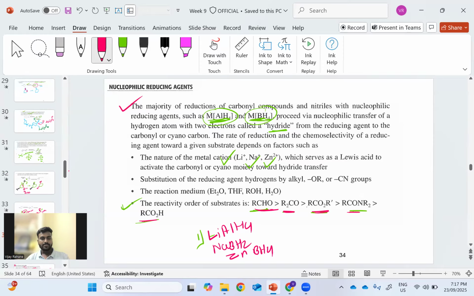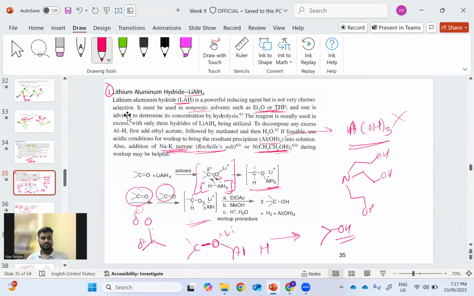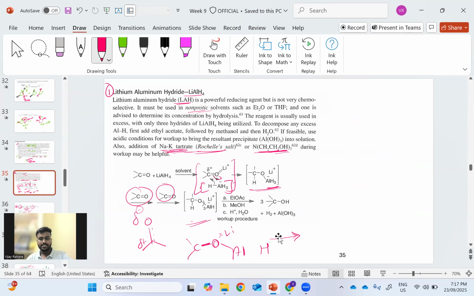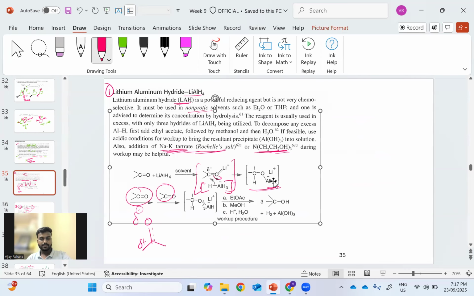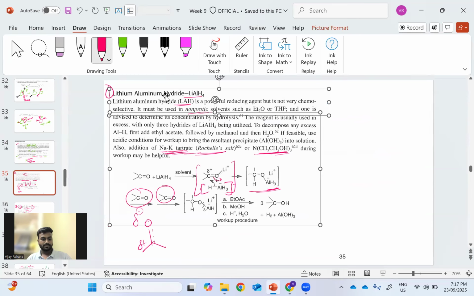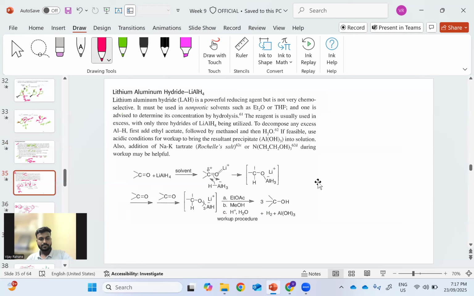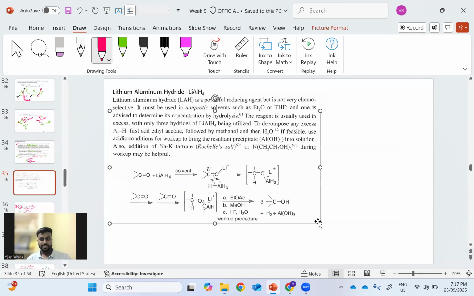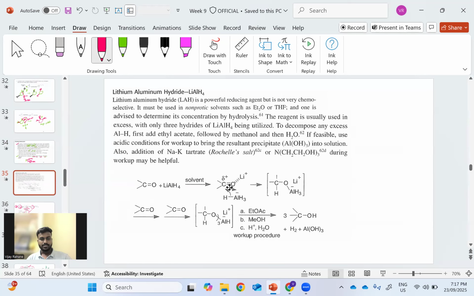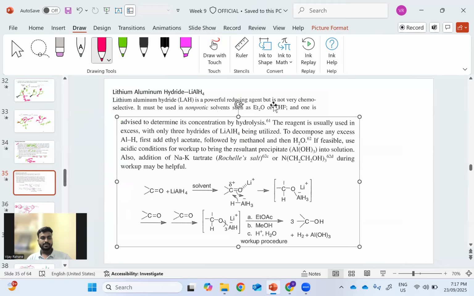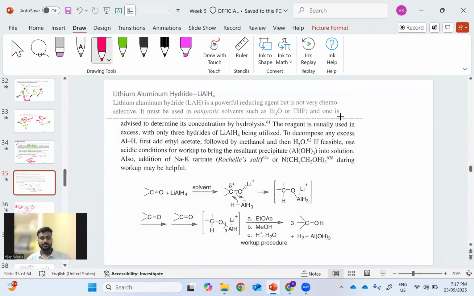I believe I don't need to really explain the mechanism of how the reaction works with each reducing agent. Here is just the mechanism shown for the reduction with LiAlH4, the lithium aluminum hydride.